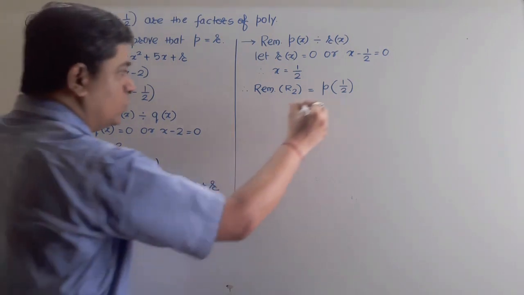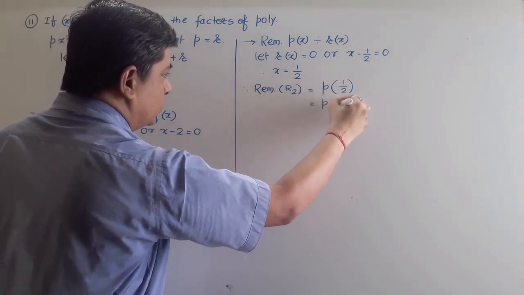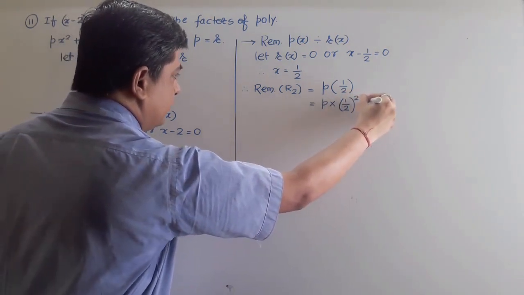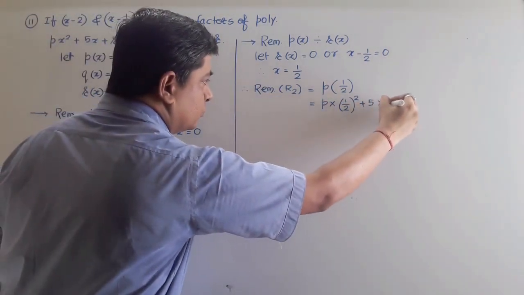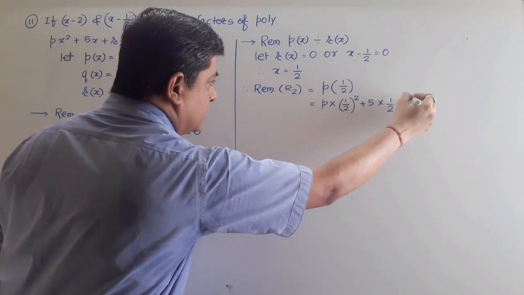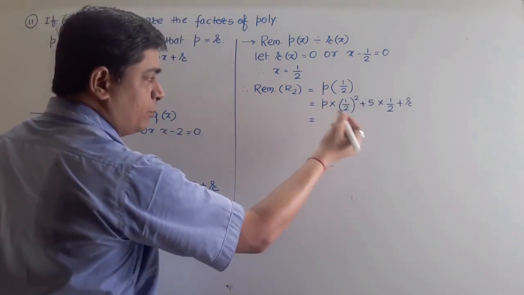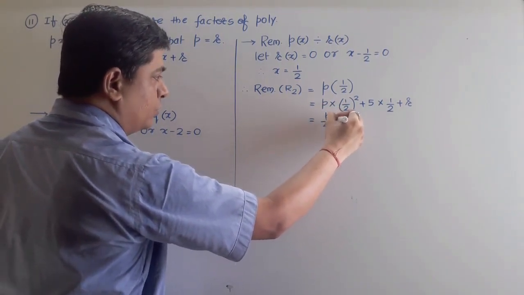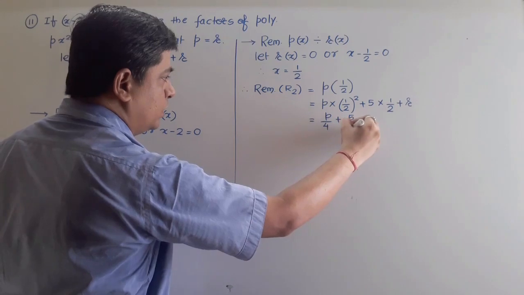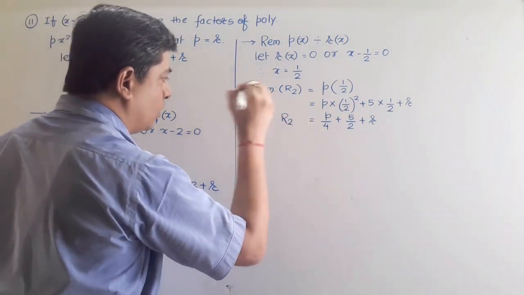So p into 1 upon 2 the whole power 2, plus 5 into 1 upon 2 and then plus r. Now let us simplify further. 1 upon 2 square will become 1 upon 4 and 1 upon 4 multiplied by p, that will be p upon 4 plus 5 upon 2 plus r. This is the value of r2 I got.